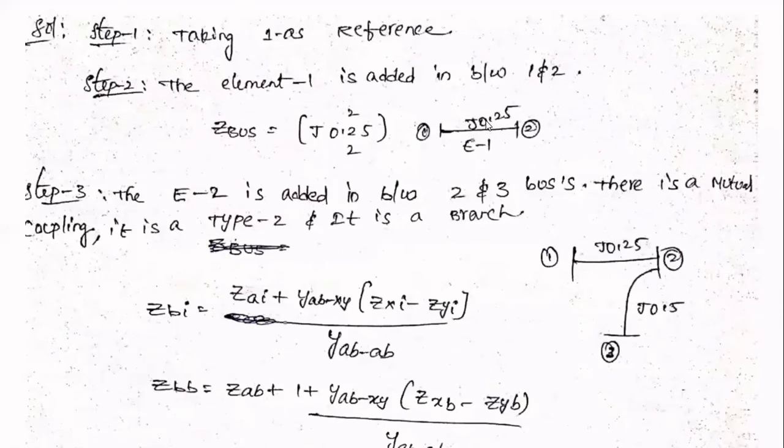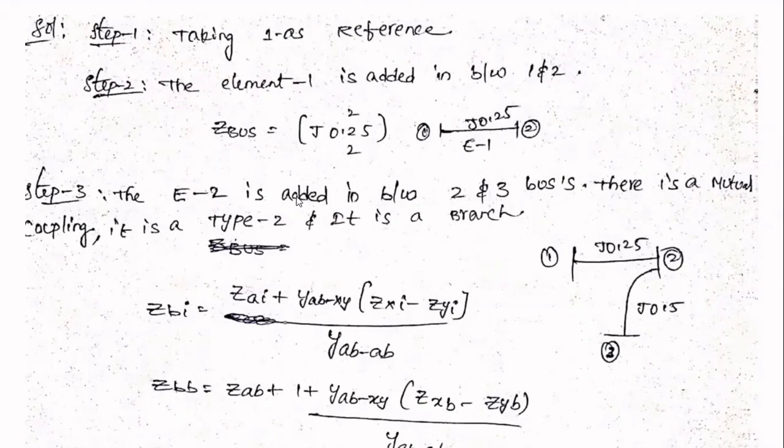In the type 1 modification, how do we form the Z-bus building algorithm? That is Z-bus old, 0, 0, and the element that will be added. Therefore, the other 3 terms are 0, and we consider 2, 2 as it is, that is 0.25. This is step 2.